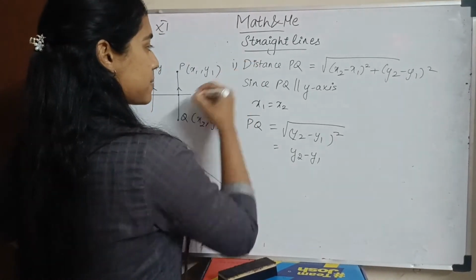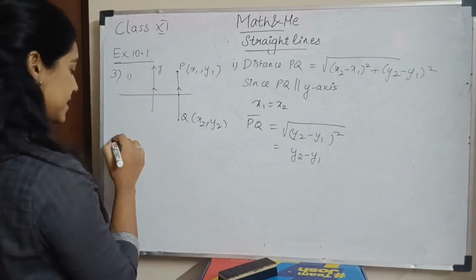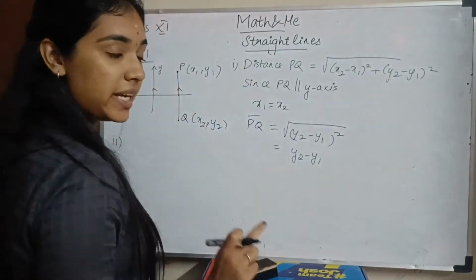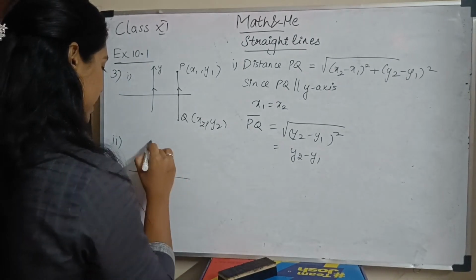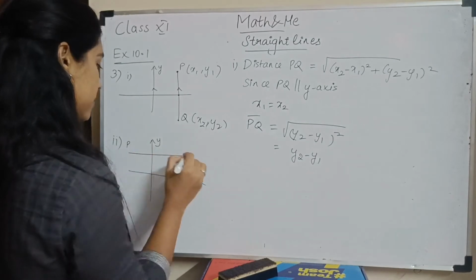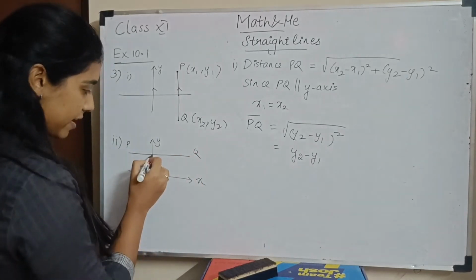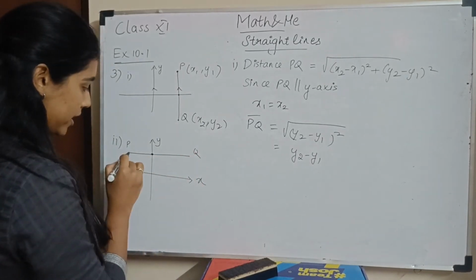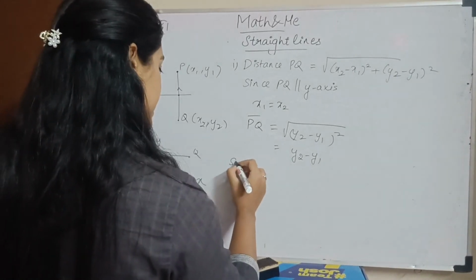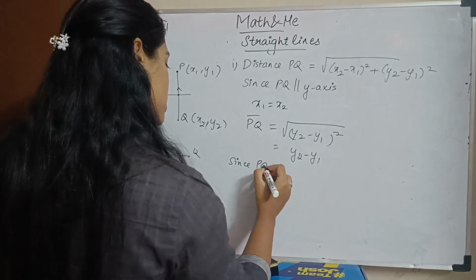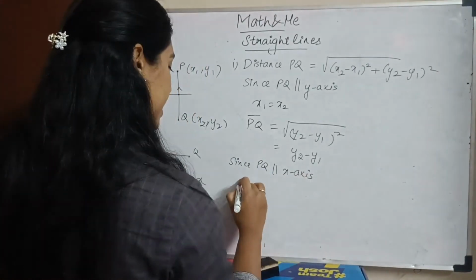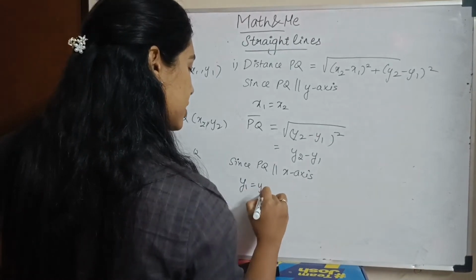So this is the first subsection. In the second subsection, we have PQ parallel to the x-axis. This is the y-axis and this is the x-axis. When PQ is parallel to the x-axis, we have the same y coordinate and only the x coordinates differ. So y1 equals y2.